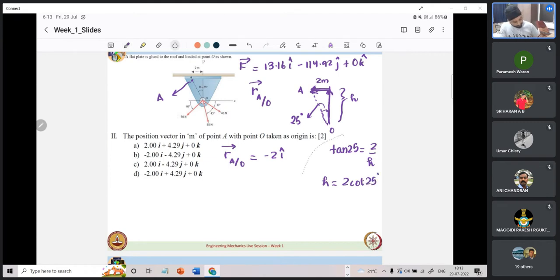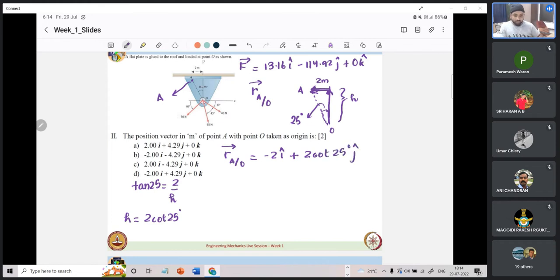Okay, let me put this here. And the component is positive along the positive y direction. So it will be plus 2 cot 25 degrees J cap. K cap we don't need. K cap is anyway 0, but for the sake of completeness we can just write it.